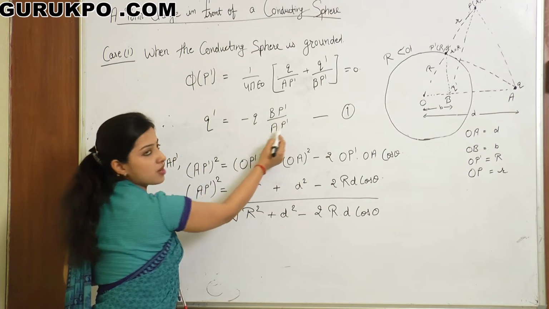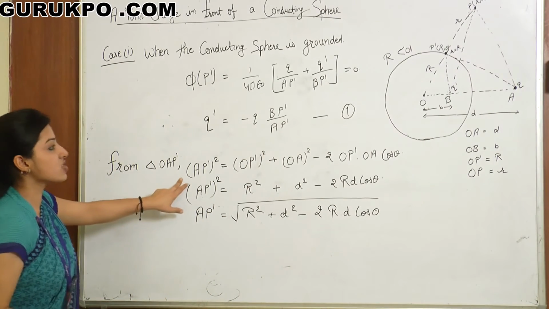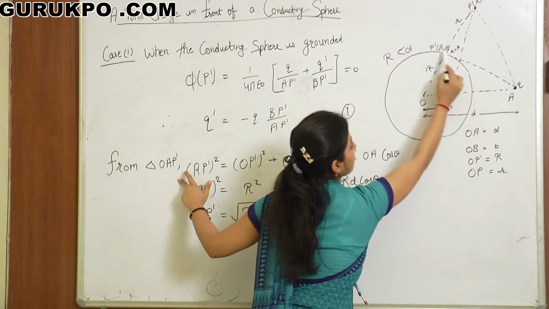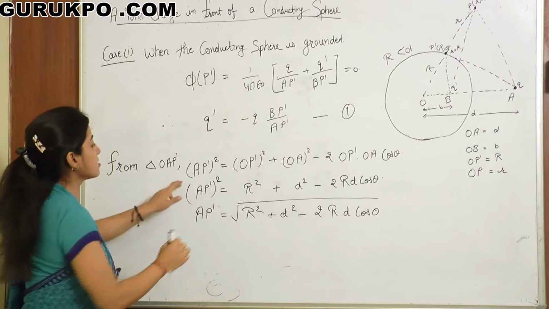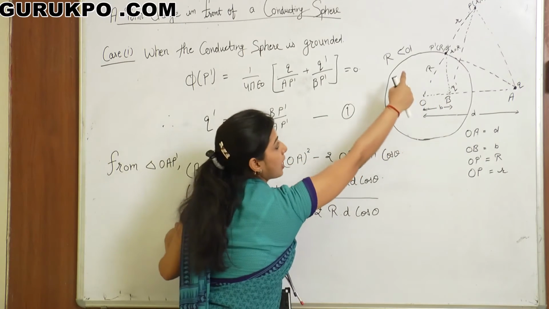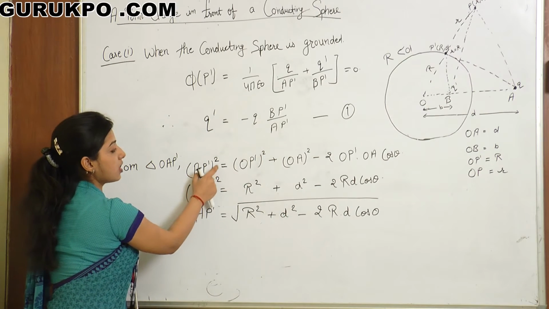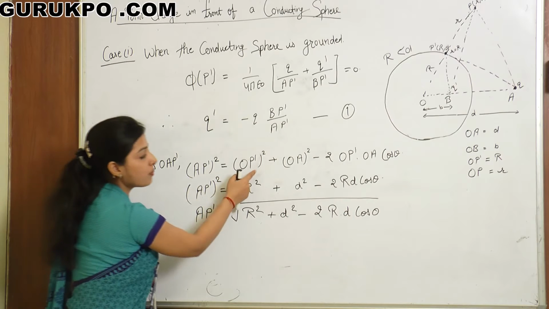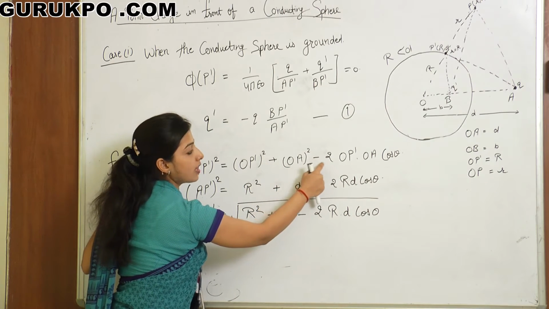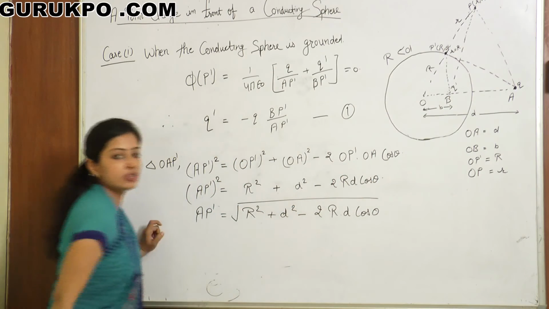AP dash can be found with the help of triangle OAP dash. This is the formula for finding the distance between A and P dash. That is, AP dash whole square equals OP dash square plus OA whole square minus 2 OP dash times OA times cos theta.